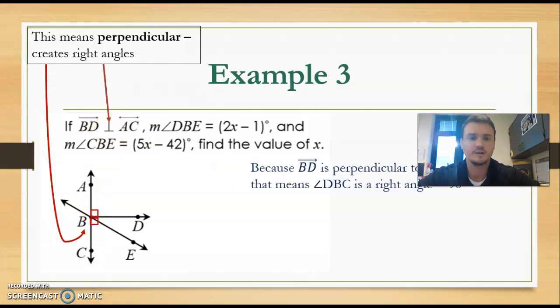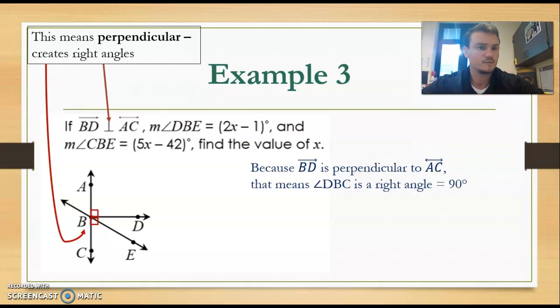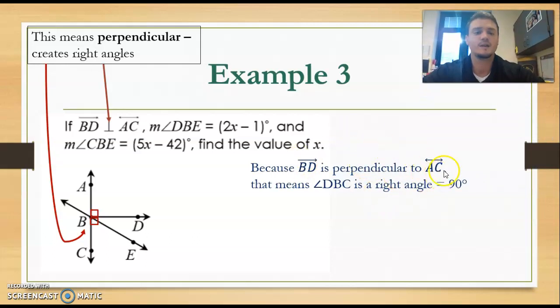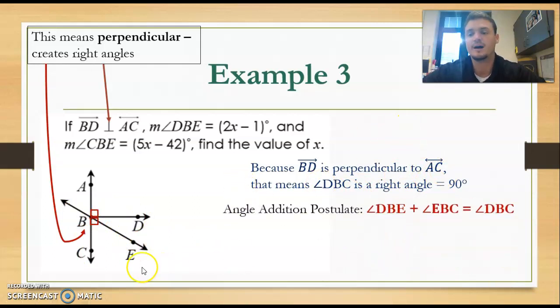So the setup here is that, because it's perpendicular to AC, angle DBC is 90 degrees. We could also incorporate the angle addition postulate here. If we just focus on this angle DBC, we know that it has to add up to 90 degrees. So this angle DBE plus this angle CBE, or EBC, these two angles together have to add up to 90 because that's a 90 degree angle.